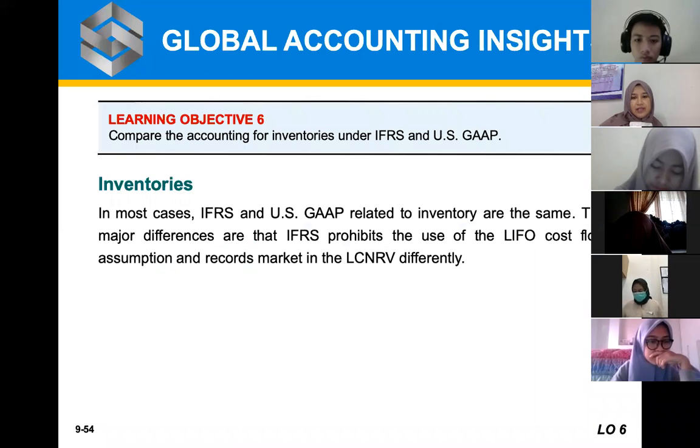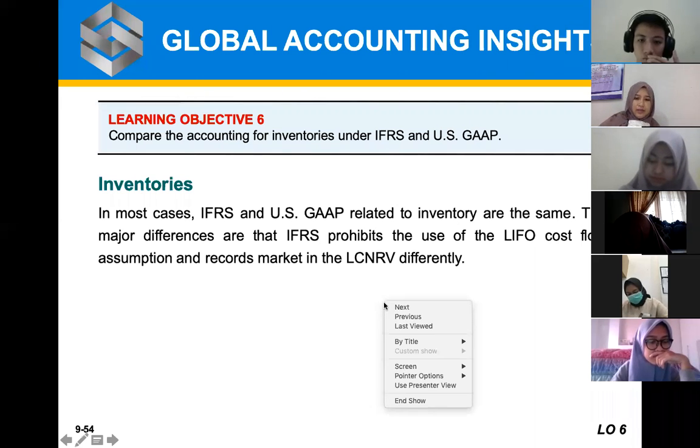Comparing IFRS and US GAAP, mostly they are the same, except what I mentioned just now, that IFRS prohibits, doesn't allow the use of LIFO, but the US generally accepted accounting principles allow the use of LIFO. Okay, any question for this topic?